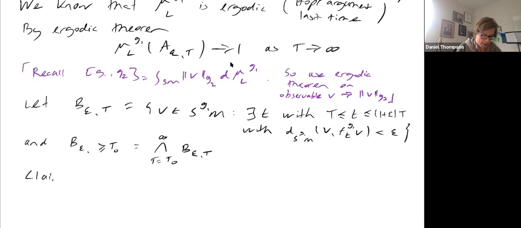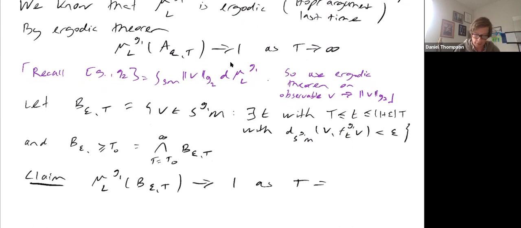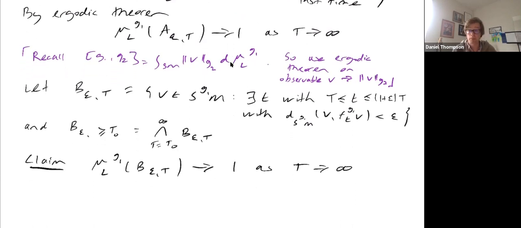And the claim is that mu sub L G1 of b epsilon t goes to 1 as t goes to infinity. So this set approaches being full measure.